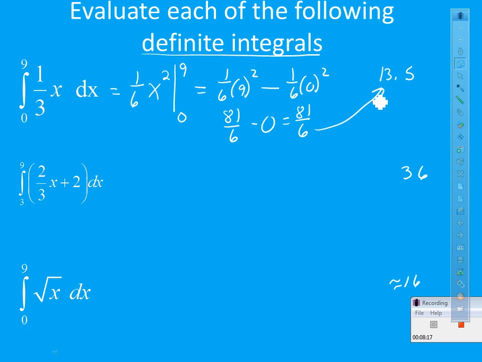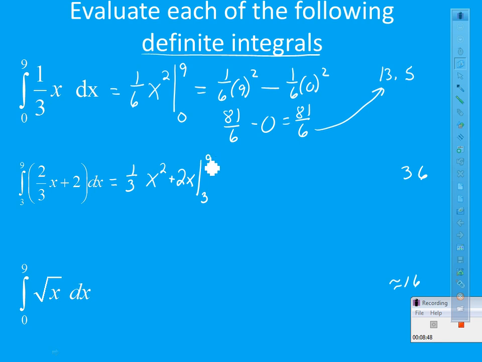Here's the next one. This is that trapezoid that we did a while ago that had an area of 36. Here's your steps. I need to find this antiderivative. So I'm going to add 1 to the exponent, multiply by 1/2, so I'm left with 1/3, plus 2x, the antiderivative of 2, and I need to evaluate that from 3 to 9.